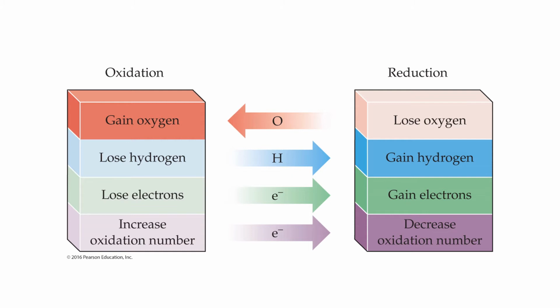The first one involves oxygen, as we see right here on this top where it's like sort of an orangish color. The oxidation process, if we're watching oxygens, means that you gain oxygens as the reaction proceeds. So since reduction is the opposite of oxidation, it means that you're going to lose oxygens.